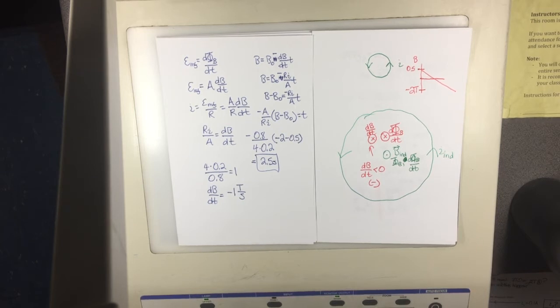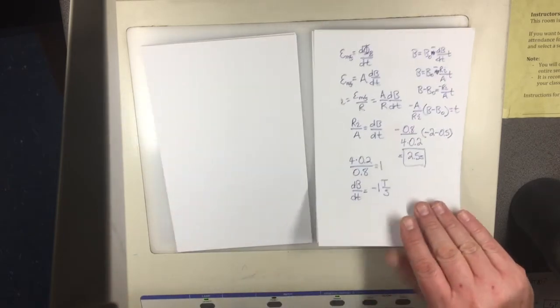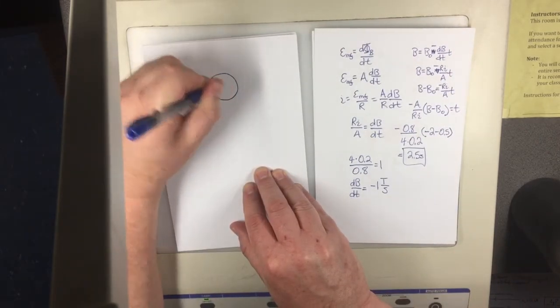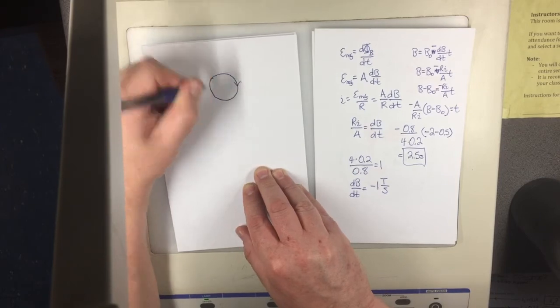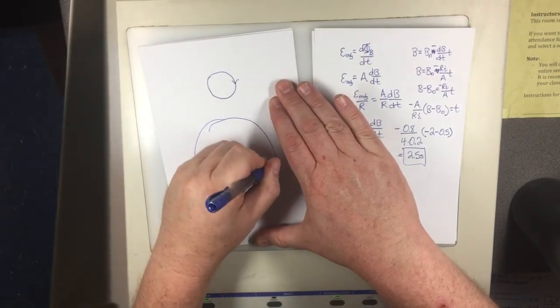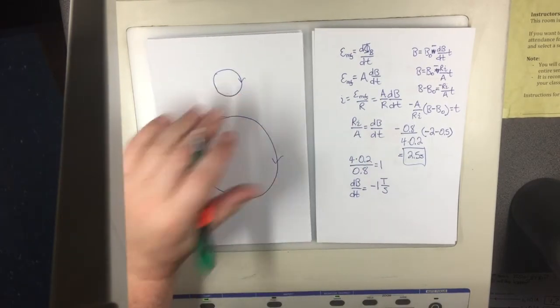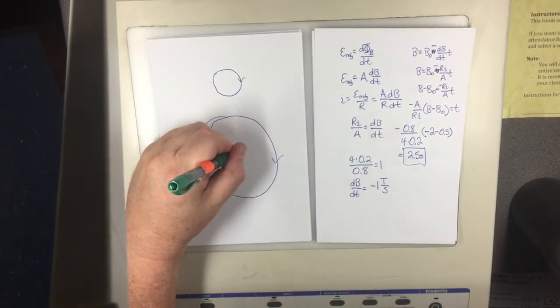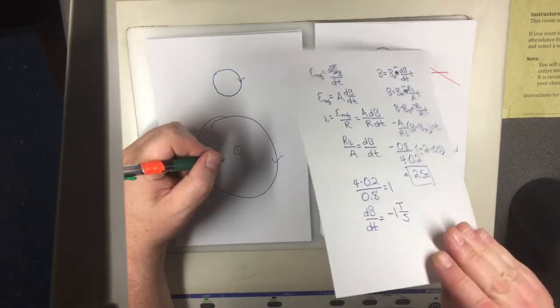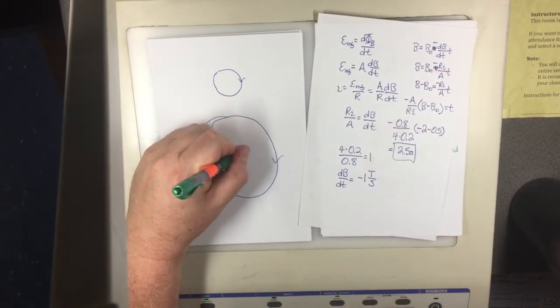And so that's problem 2. What's the case whenever dB/dt would be out of the page? Let's say the current was clockwise. If the current was clockwise, the induced magnetic flux would be not out, but in.